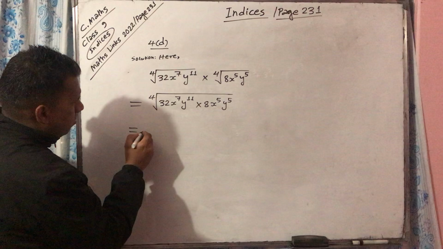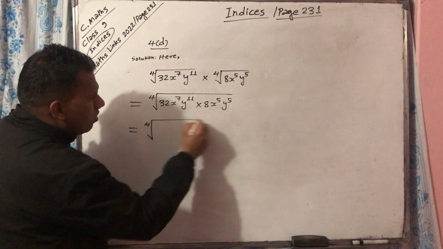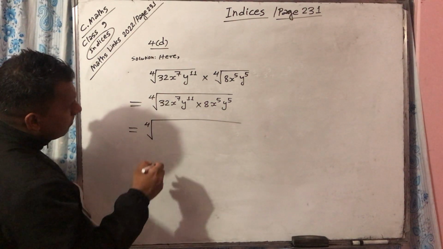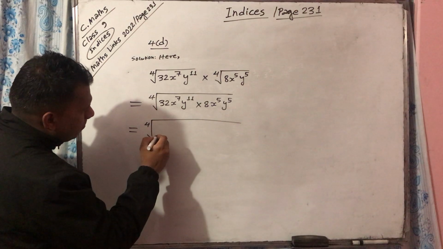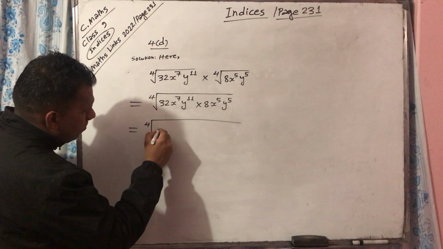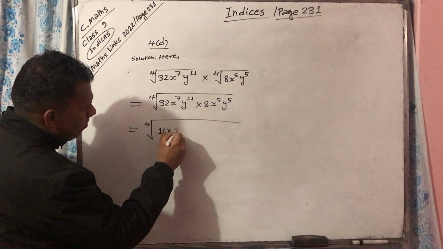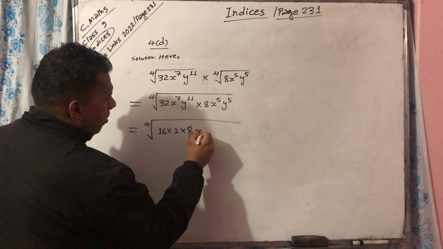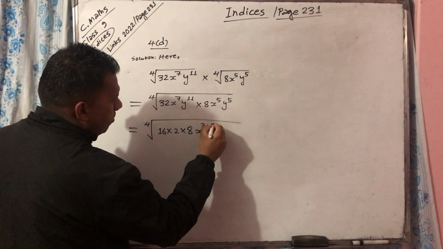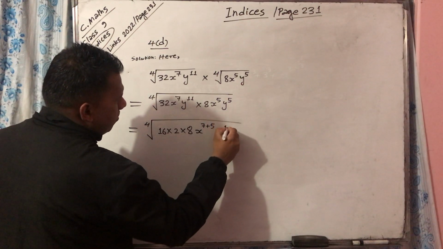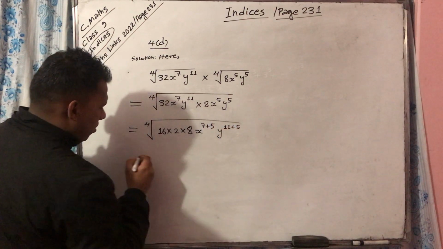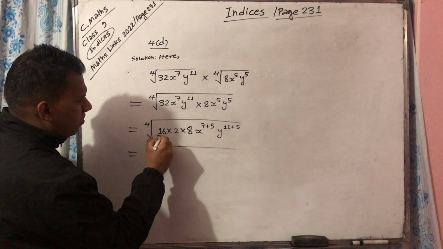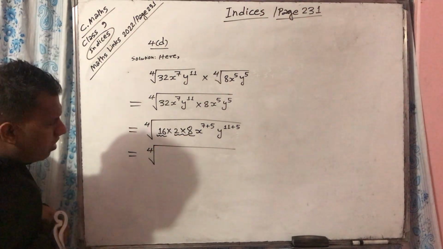This equals to fourth root of 32, that is 16 times 2. So 16 times 2 and the coefficient here is 8. Then x to the power 7 plus 5, y to the power 11 plus 5. This equals to fourth root of 16 to the power 4. 2 times 8, 16 again to the power 4.